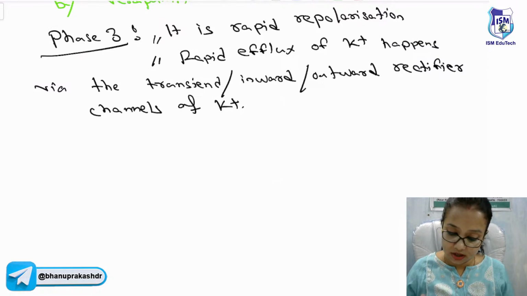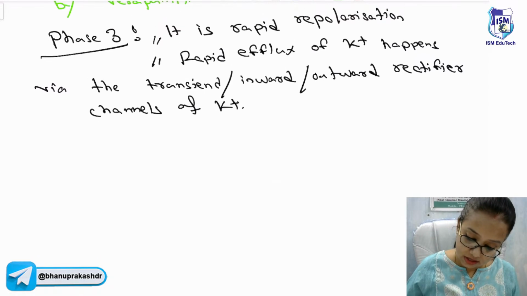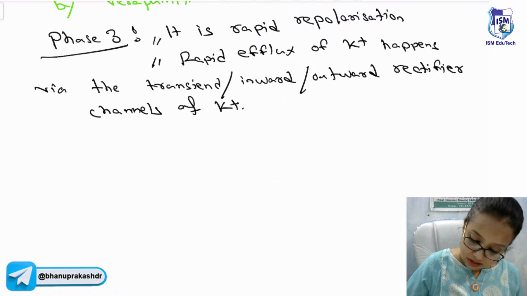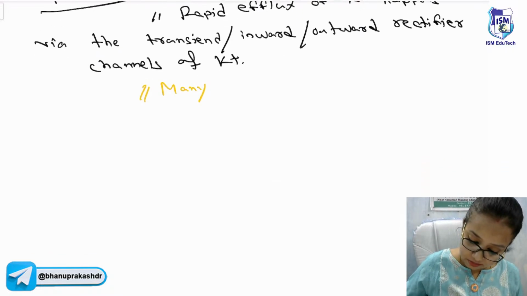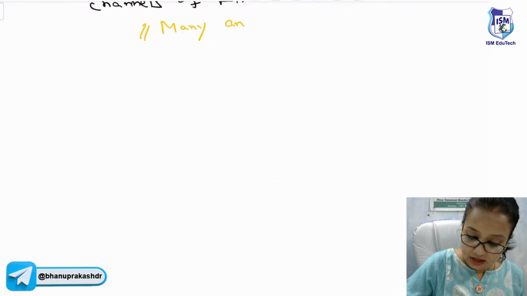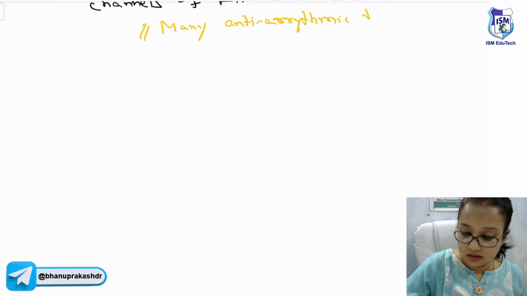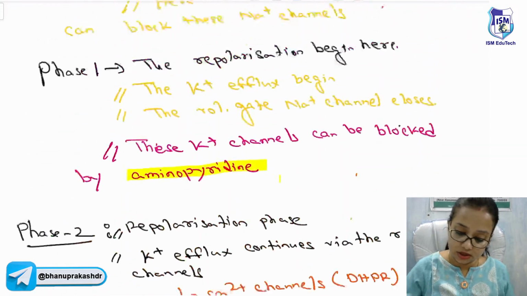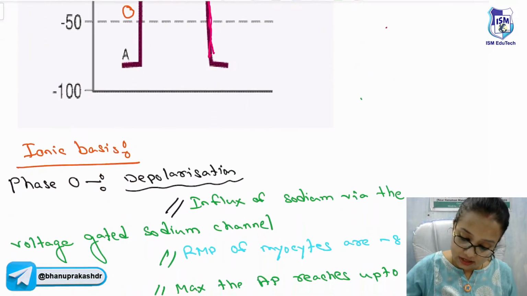Here many anti-arrhythmic drugs can act. This is what is happening in phase 3.